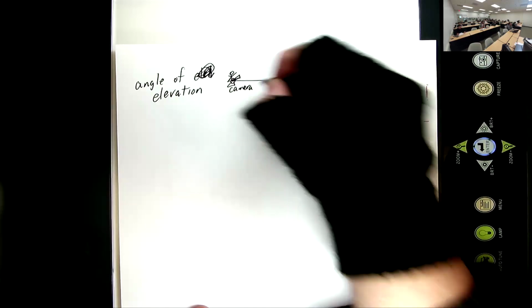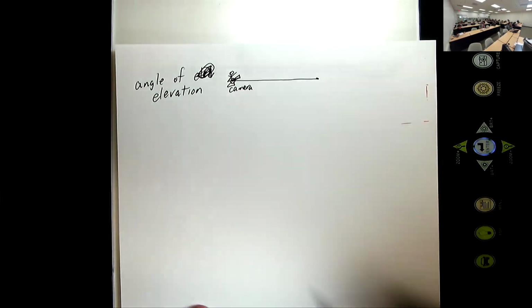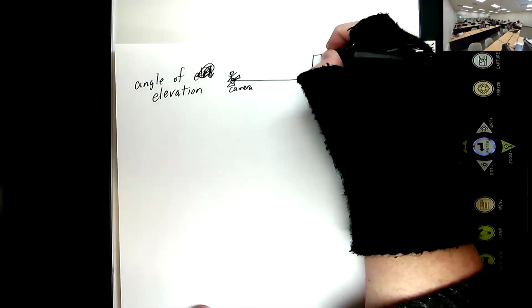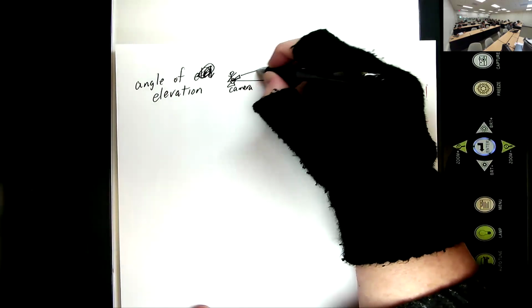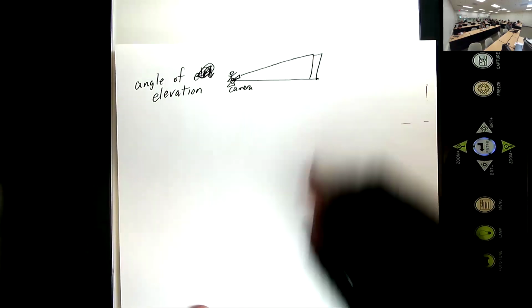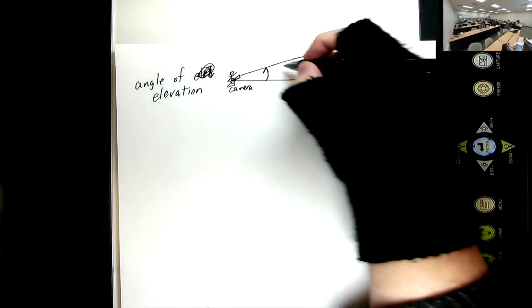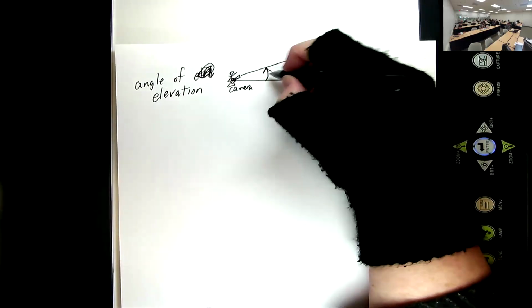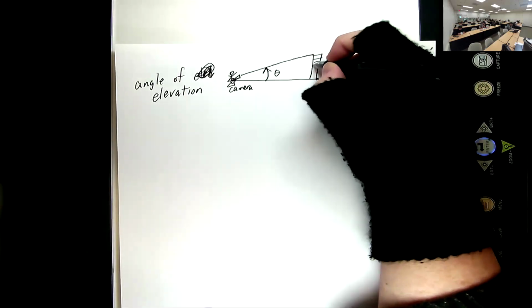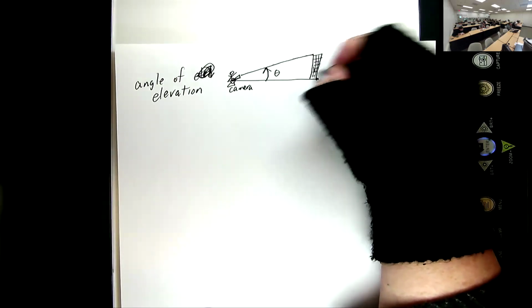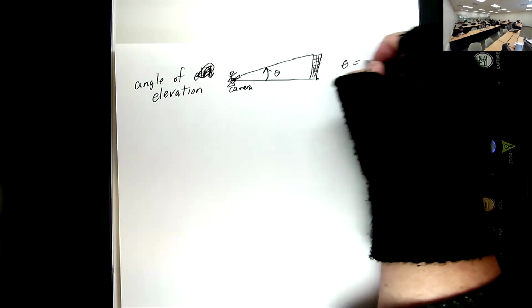It's a shitty looking camera, get over it. Let's say I'm taking a picture of a building, and I want the camera to have just the top of the building. This angle here is called the angle of elevation. Theta is the angle of elevation.